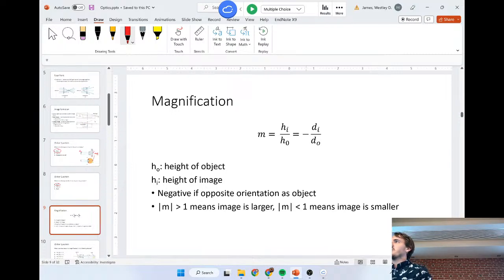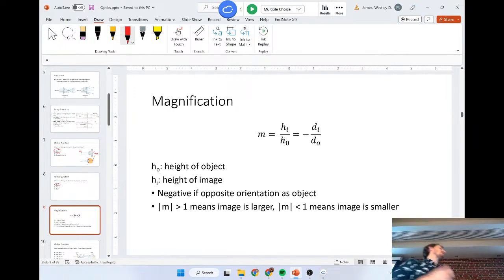If I say that this is 2 meters high, and this one's a little small, let's say this one's -1 meter, my magnification would equal -1 divided by 2, which comes out to a magnification of -1/2. It is half the size, makes sense mathematically, and it's upside down, it's negative. -1/2 means it's upside down and half the size.